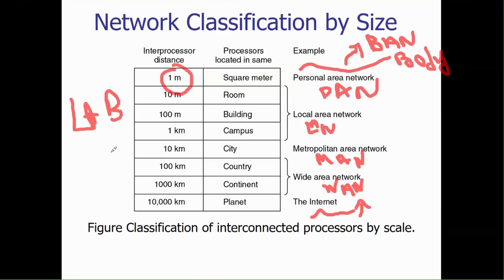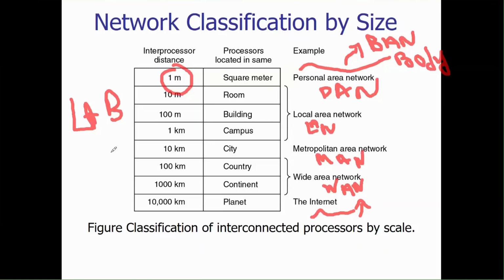We're talking about within a room, maybe an apartment, maybe a floor, and sometimes could go across a campus, multiple buildings. So it's still small. We're talking about a maximum of 1 or 2 kilometers, not much. So this is what we call a LAN.